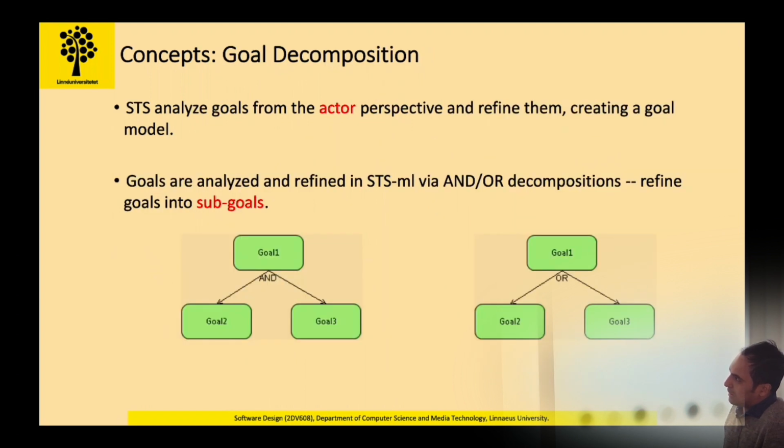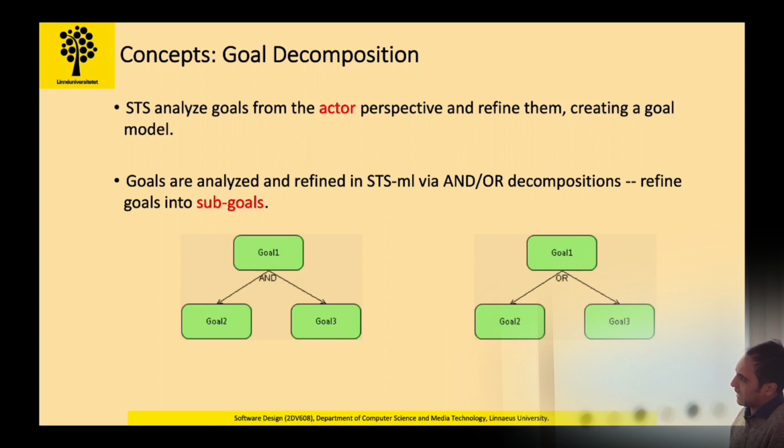Then there is goal decomposition. This is another very common and interesting modeling notation. You can achieve a goal by achieving other sub goals where you need to meet all the sub goals. So you decompose the goal using AND notation. What it says here is, if you want to achieve goal 1, you must achieve goal 2 and goal 3.